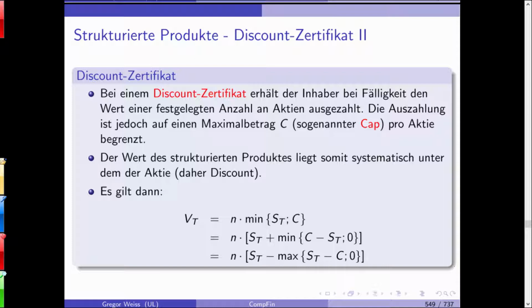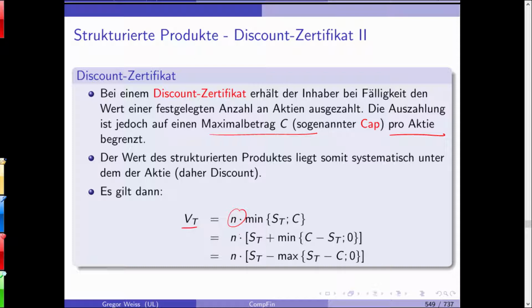As the owner, you will get the value of a fixed number of stocks, and payment is capped per stock with a maximal amount of C. So the value of the structured discount certificate is given by V_T equal to N times the minimum of C or S_T. What is the difference to an investment in the stock? If the stock price increases too much, you will only get C. And if you have bought N discount certificates, you will get N times C.